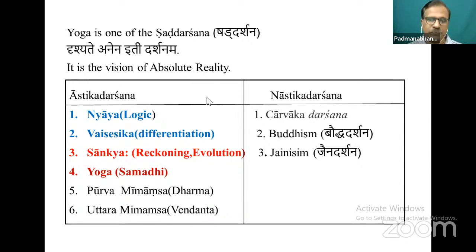And the Uttara Mimamsa, that is called Vedanta, the absolute reality is nothing but the Brahman. So among these six darshanas, Patanjali Yoga Sutra comes, so it is also called Yoga Darshana. And Nastika Darshanas are Charvaka Darshana, Buddhism and Jainism. So you have to remember that the Patanjali Yoga Sutra is one of the Shad Darshanas.